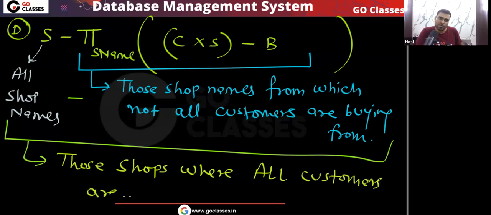Is this clear? Let me know. So option D is giving us those shops where all customers are buying from. That shop where every customer is buying from, like DMart. So this is option D.